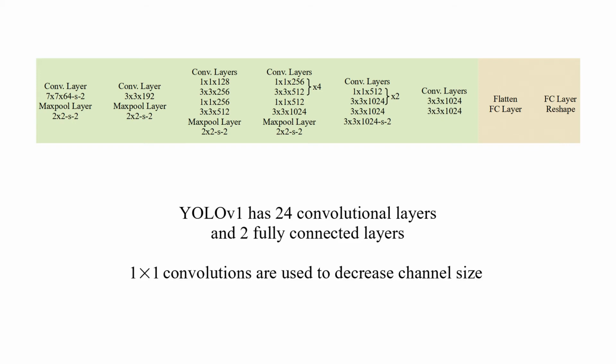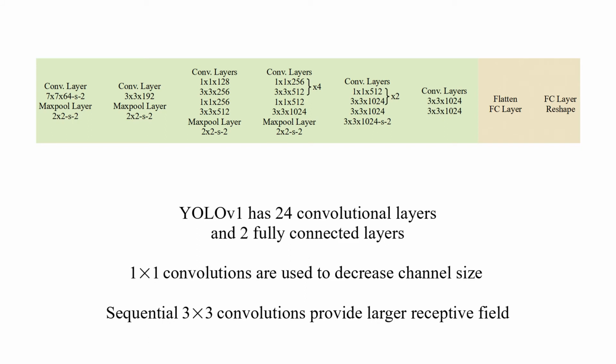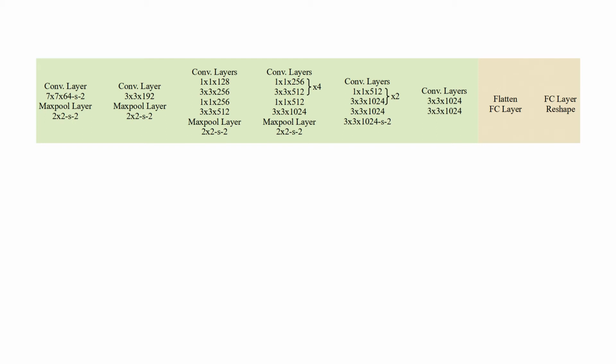One by one convolutions are used to decrease channel size. Sequential 3 by 3 convolutions provide a larger receptive field. Input resolution is 448 by 448.